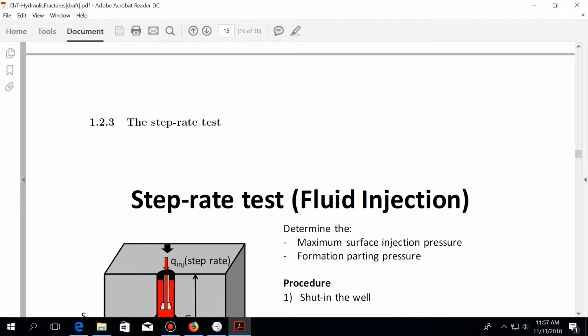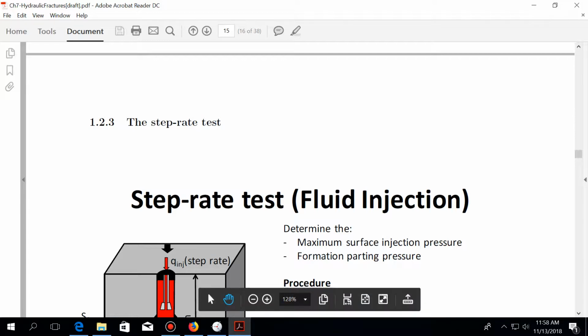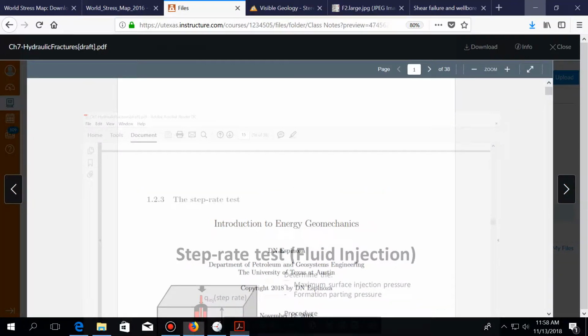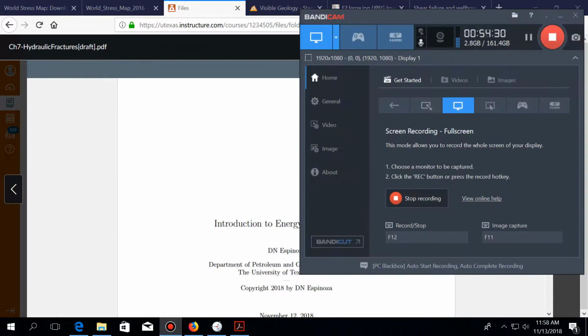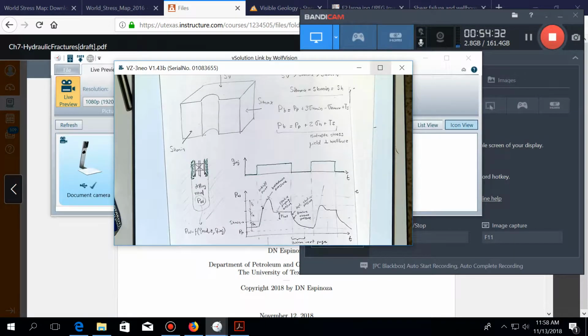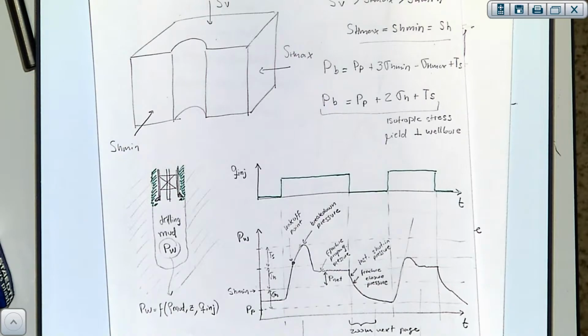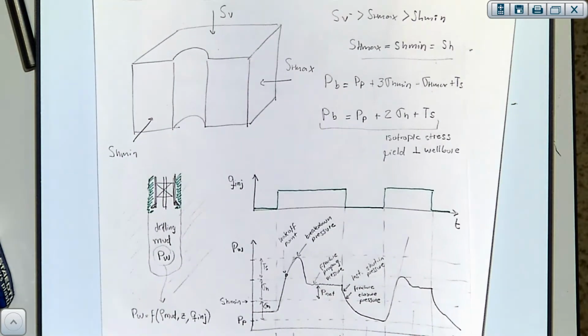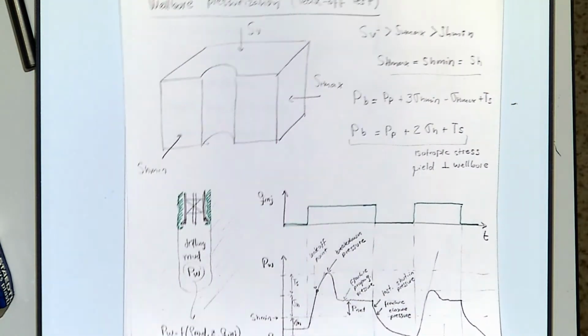Okay, so this leads us into another kind of test. And I'm working on a homework just about field tests of hydraulic fractures. And this is going to be the third one. So the first one, remember, is the leak-off test, which is done by drillers in order to avoid hydraulic fracturing and losing significant amounts of drilling mud.